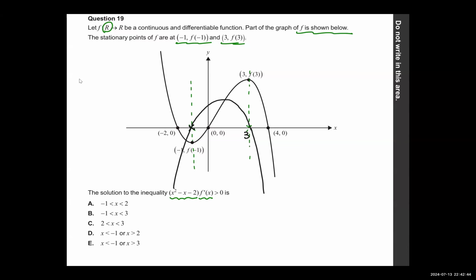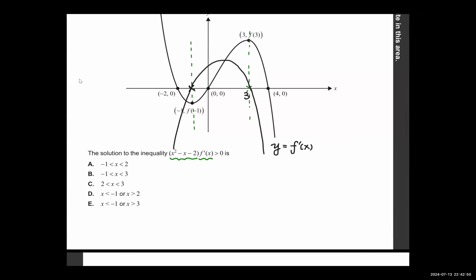So this is what I'm thinking. The graph of the derivative function, y equals f dash of x, is in the form, let's say, some a times x plus 1 and x minus 3. And this looks like a negative quadratic. So I should be able to make it minus something.